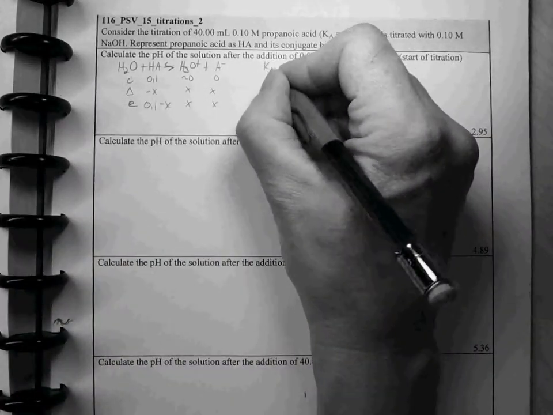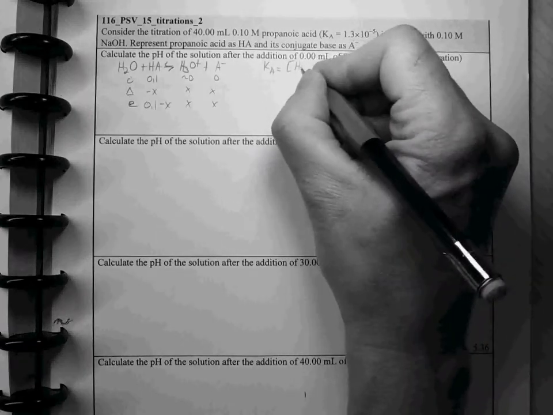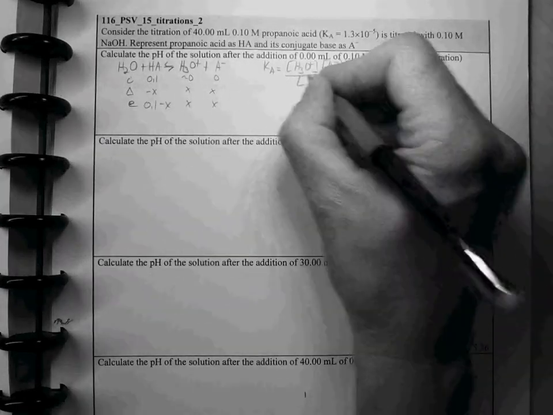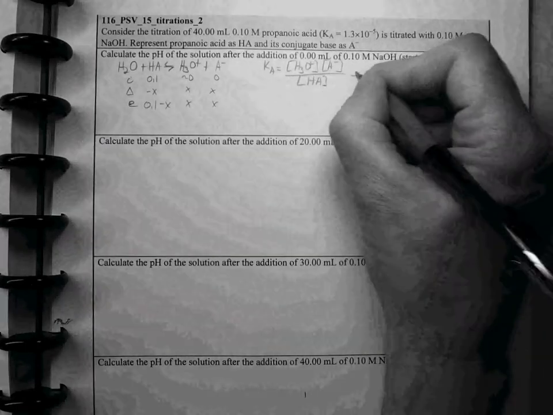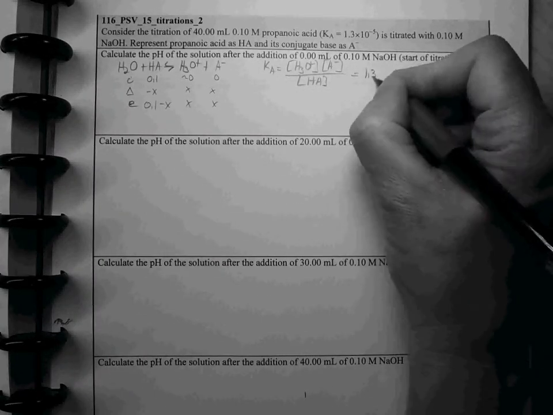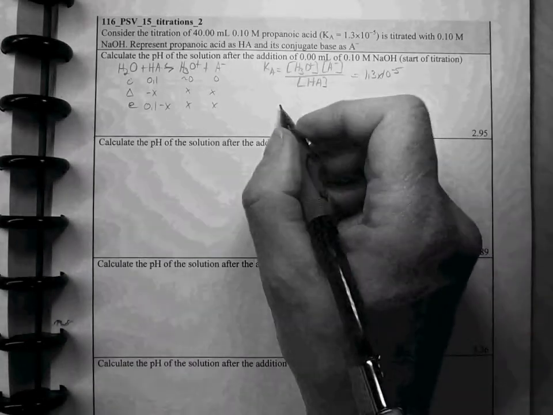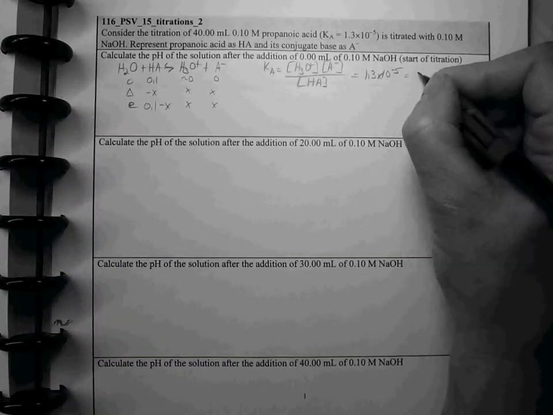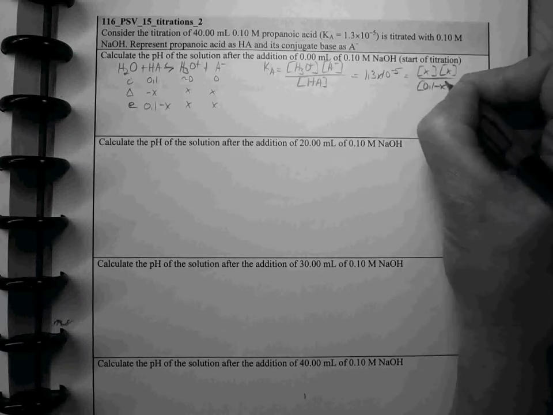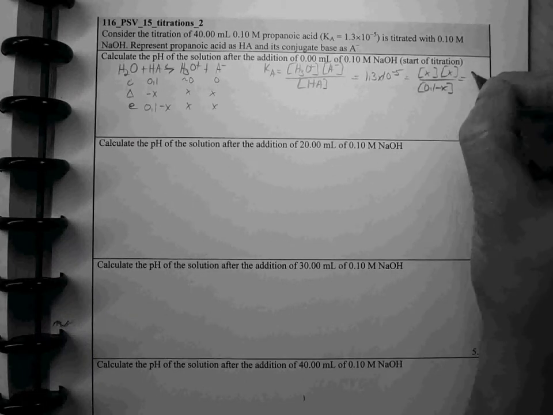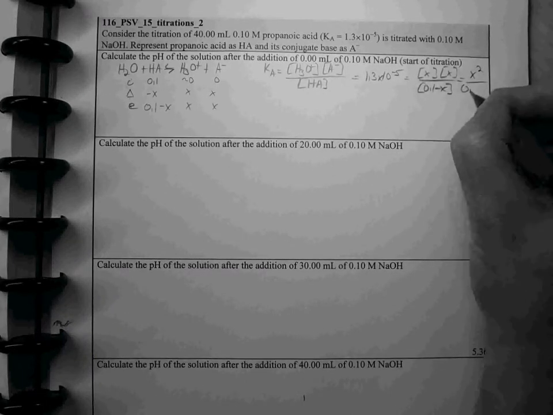We write our equilibrium constant expression. And we're given our value of Ka as 1.3 times 10 to the minus 5. Okay, so we'll pop in our values from the equilibrium table, or the ice table, and we can solve this by method of successive approximations.